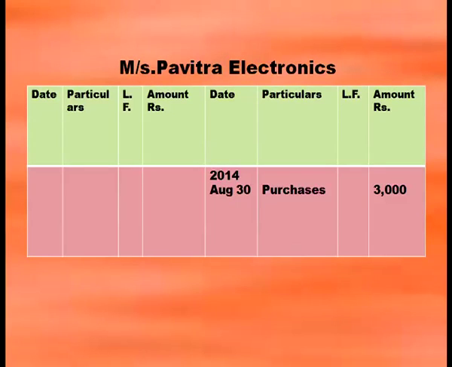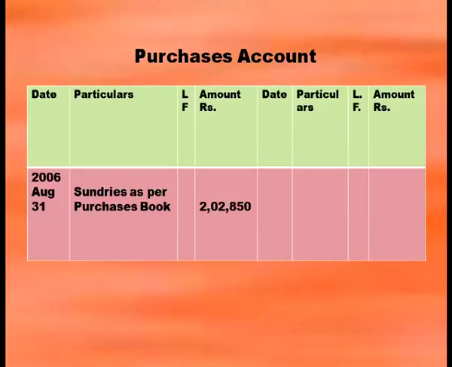Pavitra Electronics, their account will be opened, and on the credit side you will write by purchases, date and amount in the respective columns. Then you have to open purchases account. Now we have already opened suppliers account. Then one more account is to be opened, that is the purchases account. In the purchases account you will post on the debit side. That is, purchases account will have a debit always, so you are posting on the debit side of the purchases account.